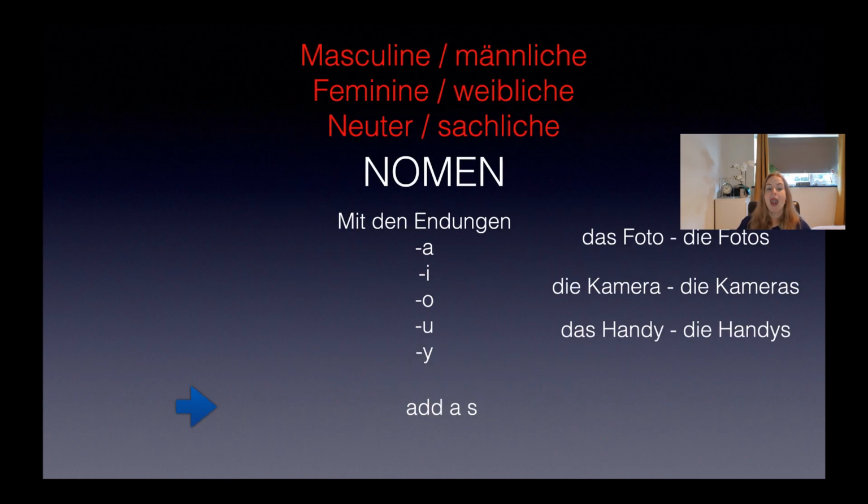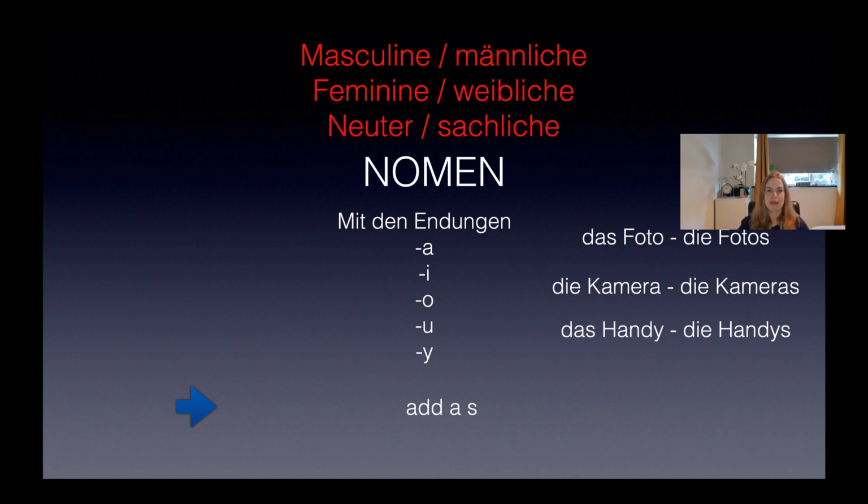So, another one. The masculine, feminine, and neuter nouns that end with A, I, O, U, and Y. That's an easy one. You will simply put an S in the end. For example, das Foto, click, click, the photograph, die Fotos.